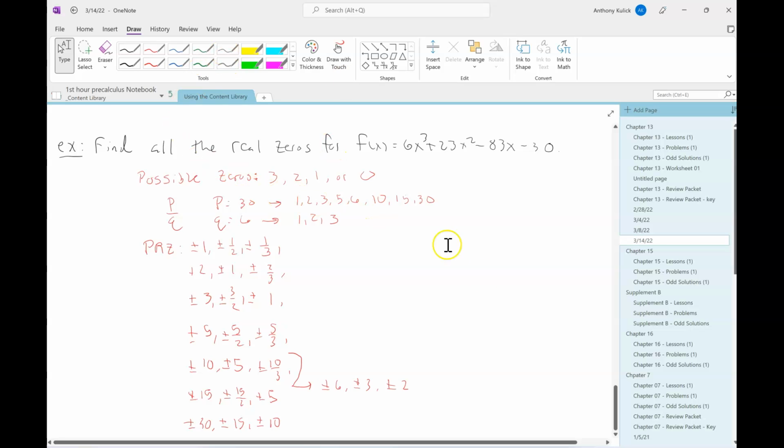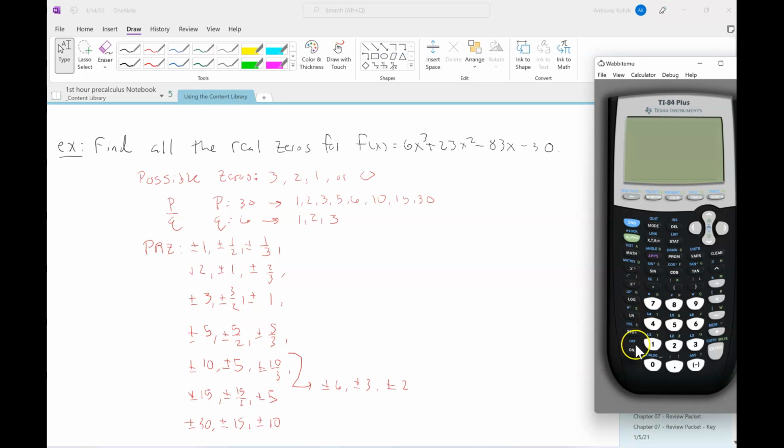What I'm going to do next is go to our graph and take a look at the picture and find a value from that list that's going to be a good starting point, or starting points, plural.